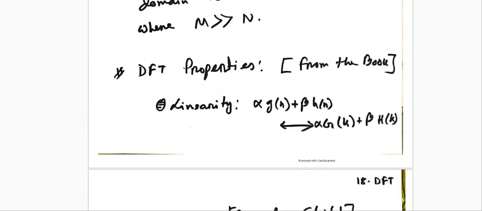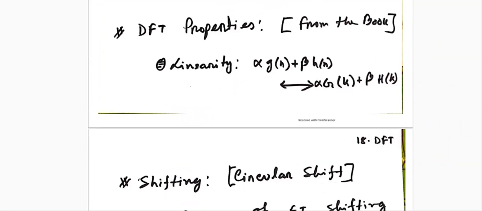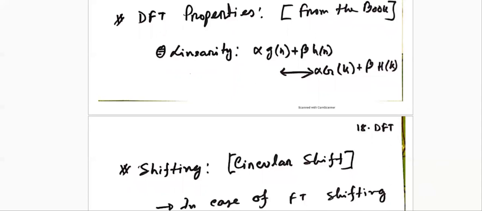Okay. Now we can move to the properties of the DFT. Please go through the book for the details of these properties. I have shown it in a very concise way, and I have given the focus mostly on circular shifting and circular convolution. Whatever properties we have found in the case of the Fourier transform, we have found the same properties here for the discrete Fourier transform.